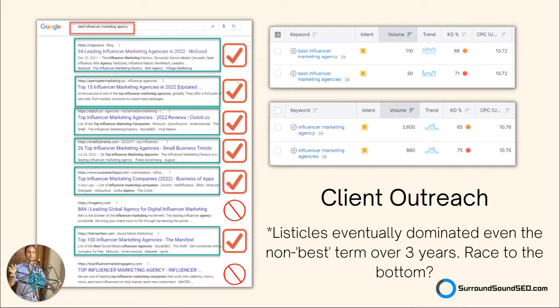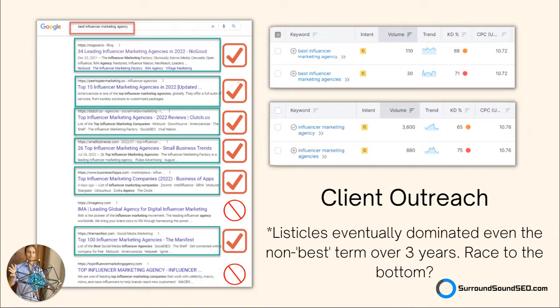This market is hyper and super saturated with listicles. If you don't know, listicles are any kind of website where you can pay or do outreach, white hat outreach, for any type of ranking or article or mention on that page. In this particular market, the influencer marketing agency market, there's hundreds of keywords that have listicles dominating the top search engine result pages for individual keywords, especially the best and these types of keywords.